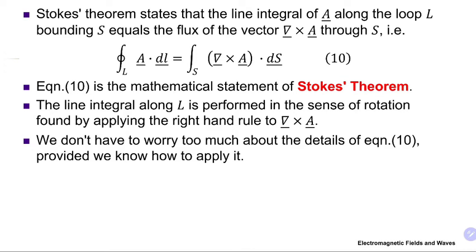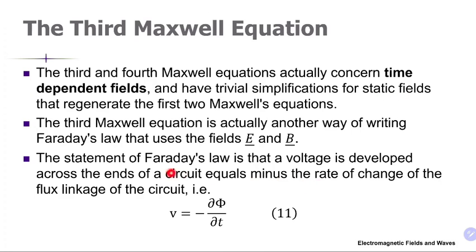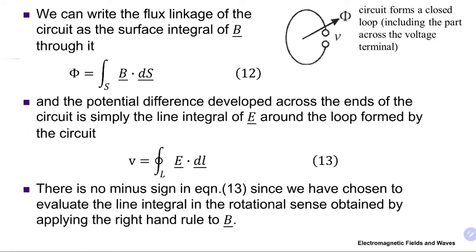Again, now we're going to apply this to our electromagnetics. So our Faraday's law, which we have just learned, V equals minus d phi by dt, the rate of change of the flux linkage, gives you the induced voltage. We can write the flux linkage as the surface integral of the magnetic flux density.